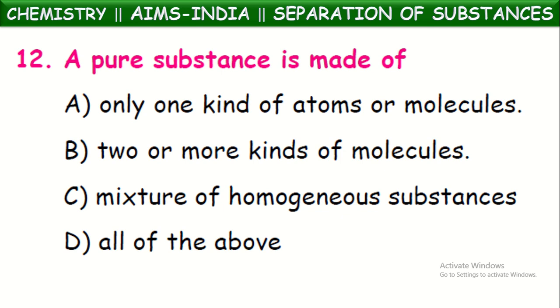If it is a compound, it will contain only one kind of molecules. For example, water contains only H2O molecules. So elements and compounds are pure substances, made up of either one kind of atoms or one kind of molecules.